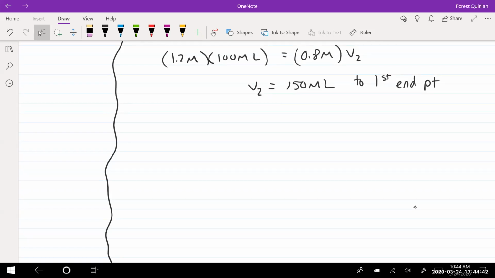Deafening silence says my notes are correct. All right. Now, what is this telling us here then? If this is 150 mils to the end point, take a look at how much space I'm adding. What does that tell you?